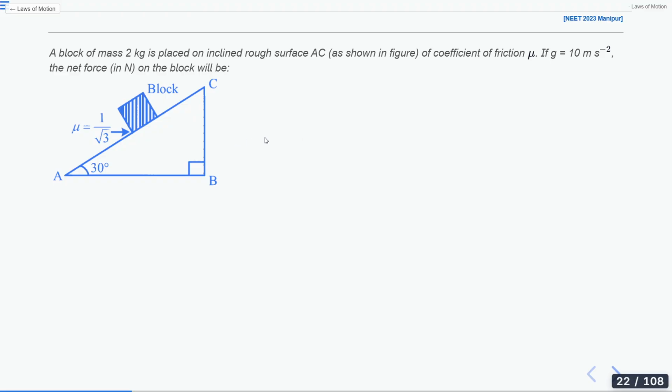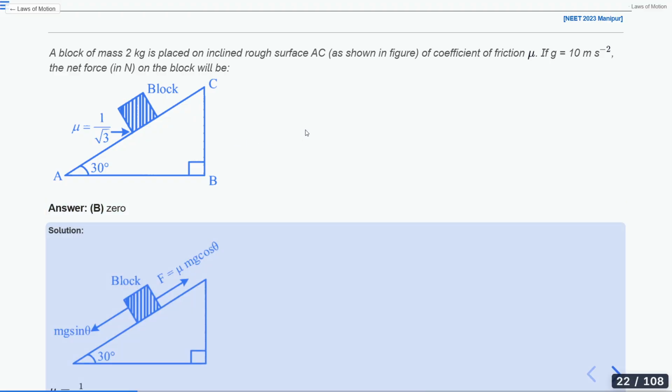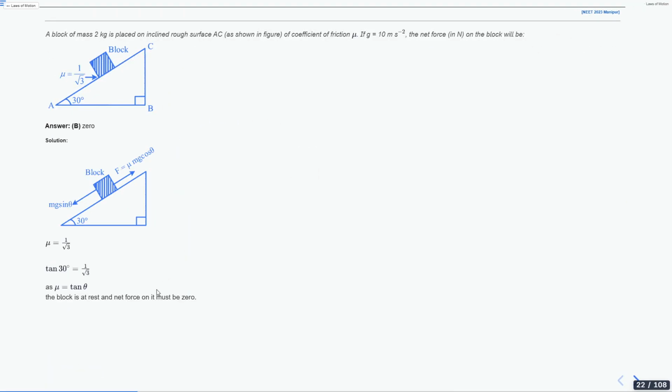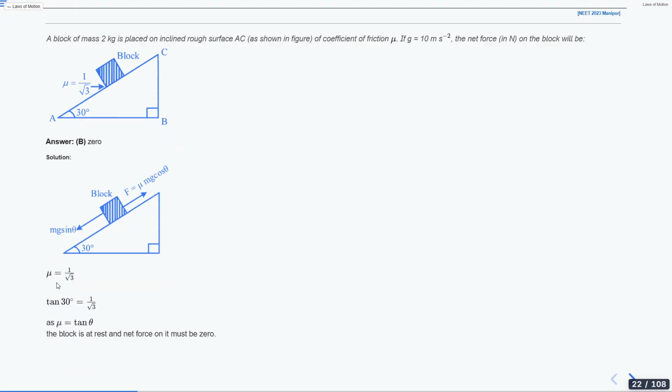Okay, so we can find the net force. So the net force is 0. Obviously, all of you have got the answer that the answer is 0. We know that mu is 1 by root under 3. So we have mg sin of theta downward, and in the upward direction we have mu times mg cos of theta. So net force will be what? Mu times mg cos of theta minus mg sin of theta. Okay, so m is given and we can find that tan of theta can be written as 1 divided by root under 3.